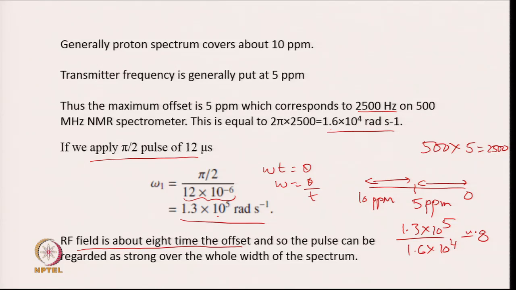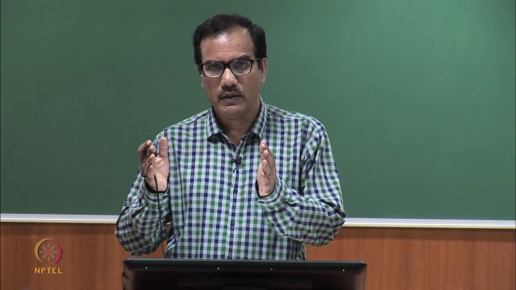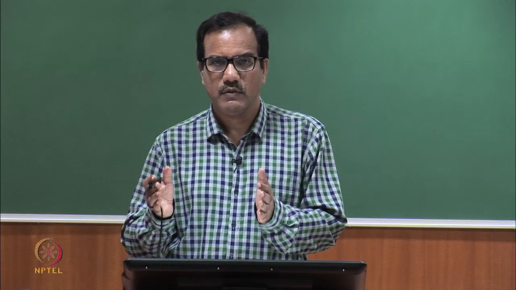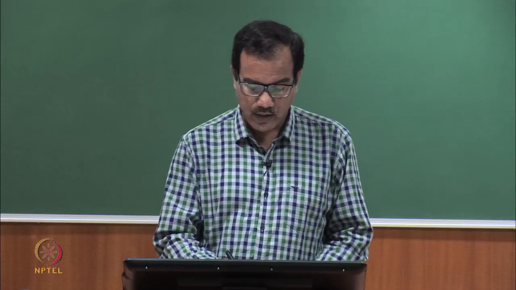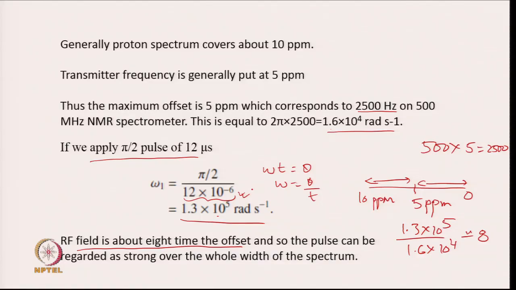If you want this pulse to take care of all the offsets, then you have to choose a hard pulse, which has a small time of around 12 microseconds, and that kind of pulse is known as a hard pulse.